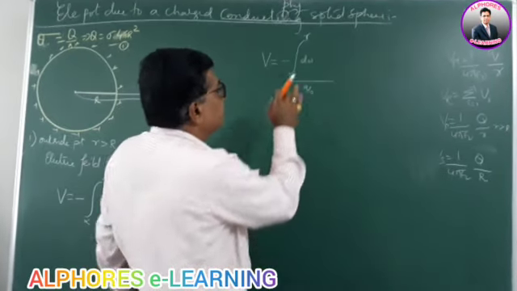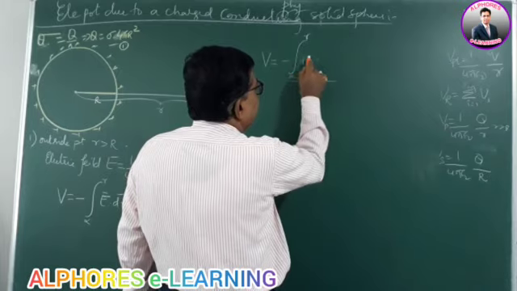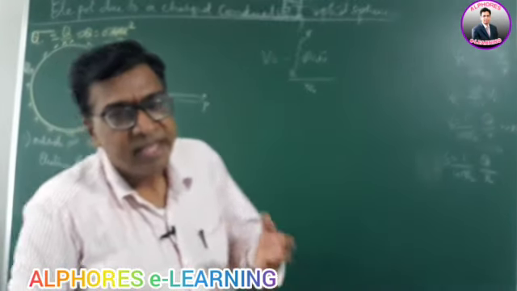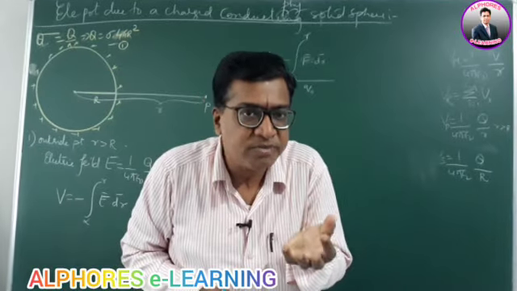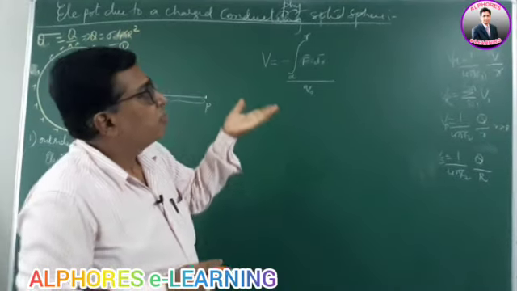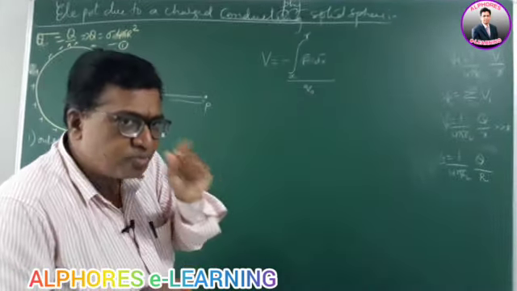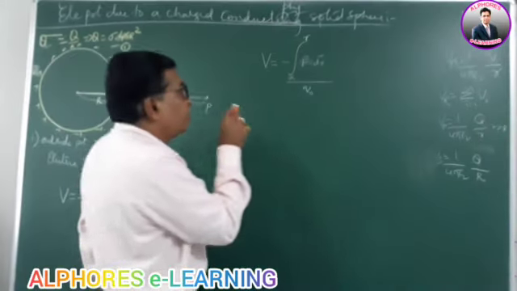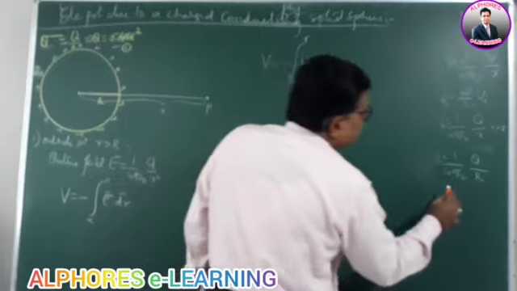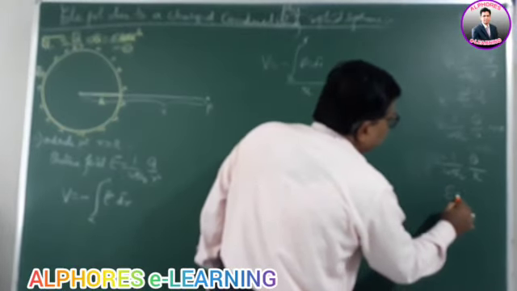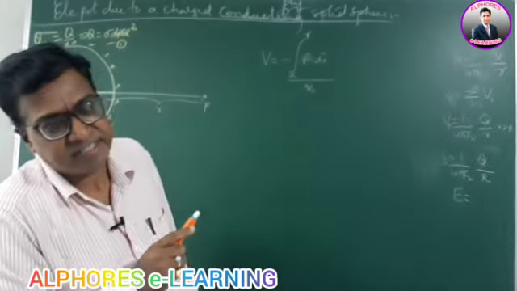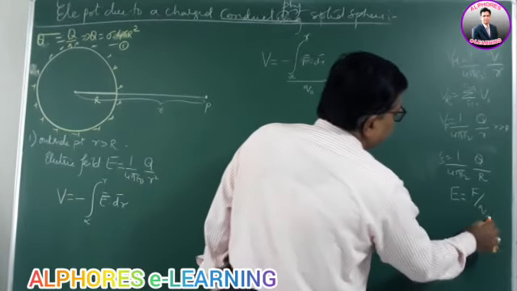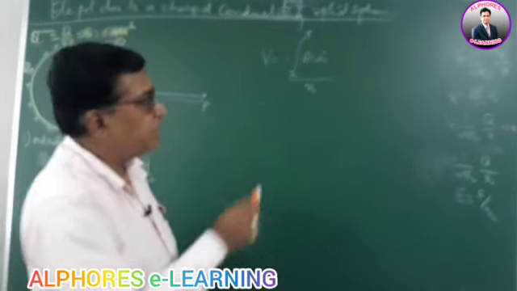But what is work done? In first year we learned that work done is F dot S, force dot displacement. So the small work done is F dot dr, and the total work done is the integration. We also learned in the previous chapter that electric field strength is defined as the force experienced by a unit test charge, F by Q naught.